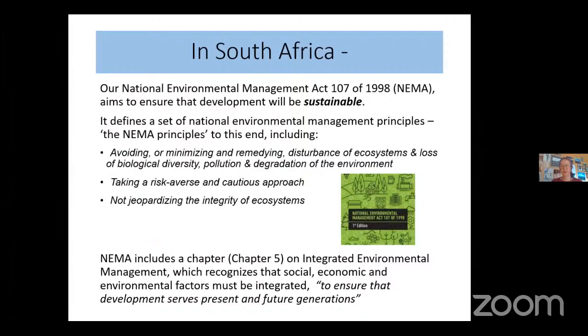And to do so, it provides us with a set of what we call the NEMA principles, National Environmental Management Principles, which include avoiding, and if you can't avoid completely, minimizing and remedying disturbance of ecosystems and loss of biodiversity, pollution and degradation of the environment.